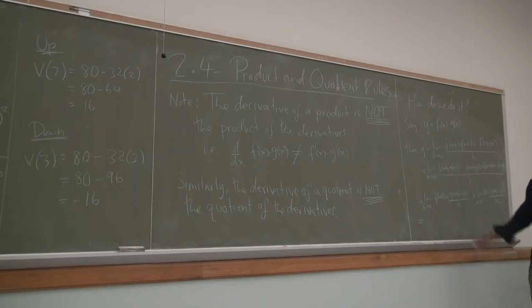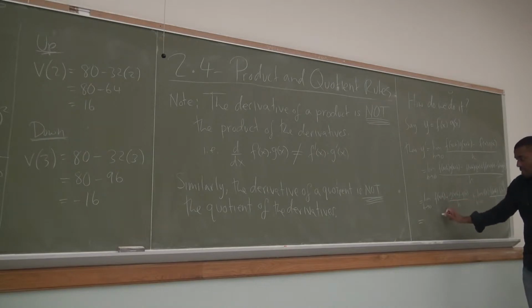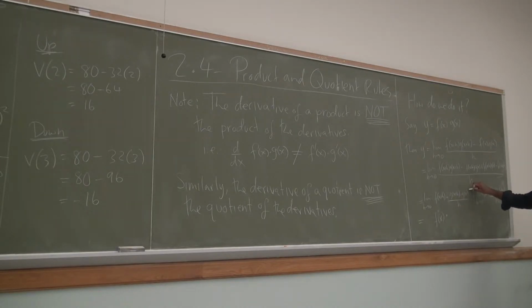Now, as h goes to 0, what happens to this? You just get f of x. As h goes to 0 of this guy, what do you get? g prime of x, that's the definition of the derivative of g. Plus, now I have g of x, and the limit as h goes to 0 of this guy is actually f prime.